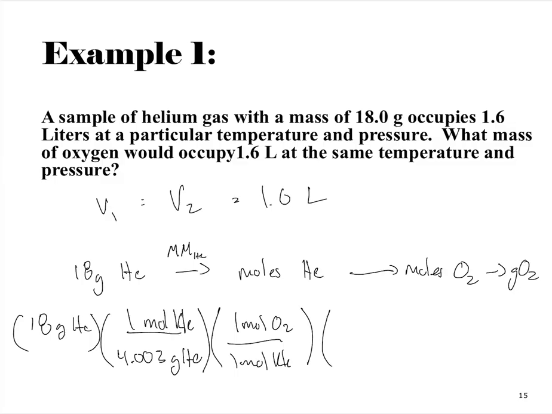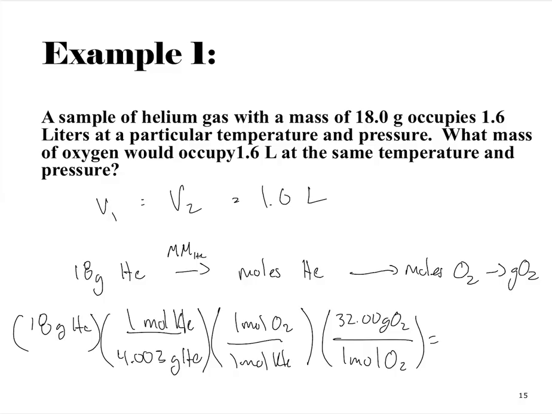Molar mass of what? Oxygen, right? And that should be 32.00 grams O2 per 1 mole O2, because oxygen is a diatomic gas. Doesn't matter though, because for ideal gases we don't care if they're diatomic, triatomic, or polyatomic.